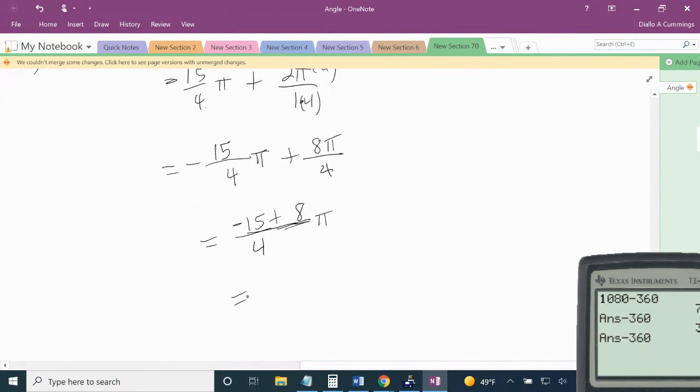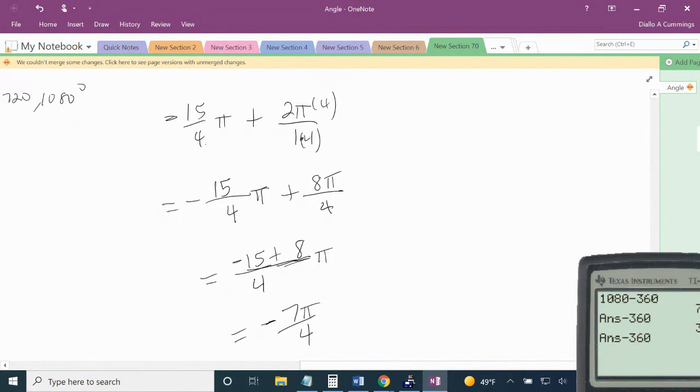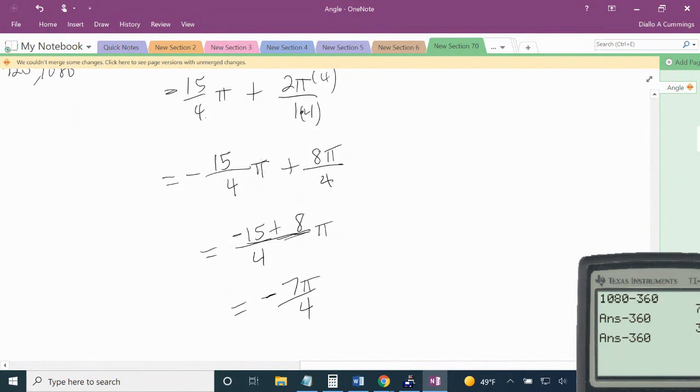Right, so I get negative 7 pi over 4. All right, so once I added 360 degrees, which is 2 pi radians, I get negative 7 pi over 4.